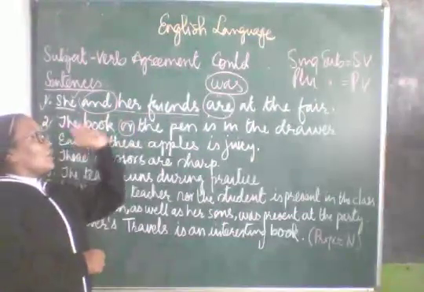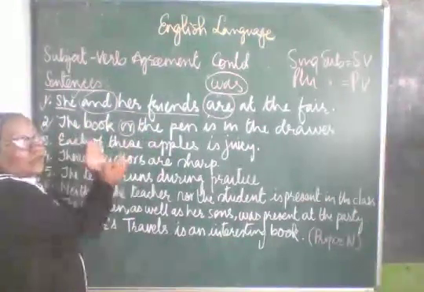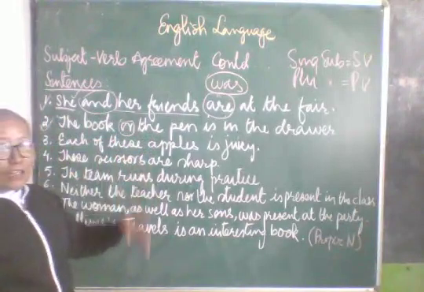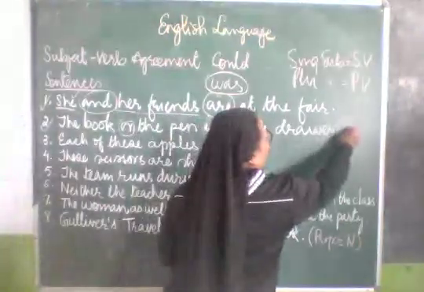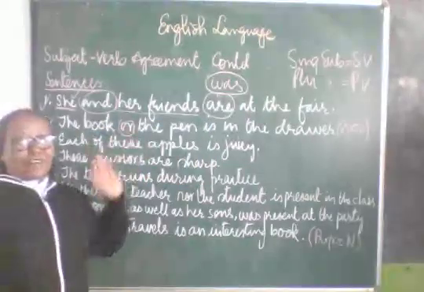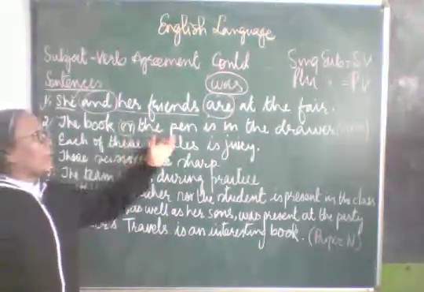It doesn't mean like and, no. Or has a singular meaning. Another word is nor also. Either or, neither nor, isn't it? So here, the book or the pen is in the drawer.